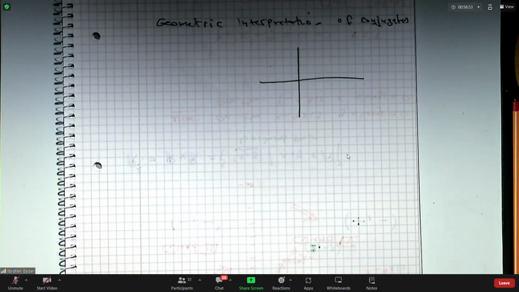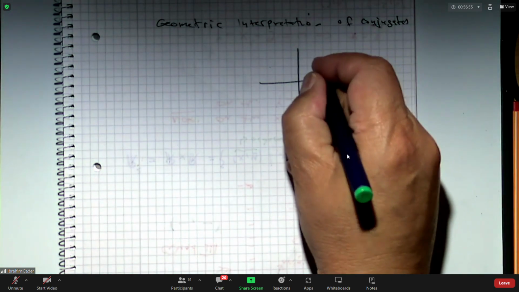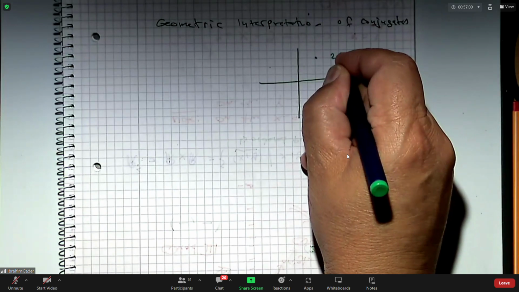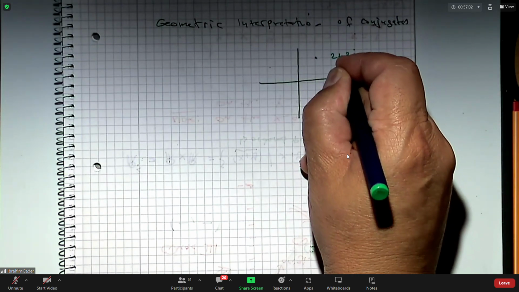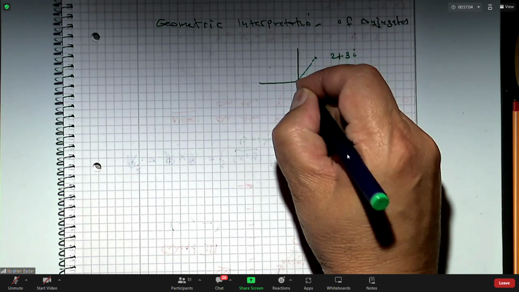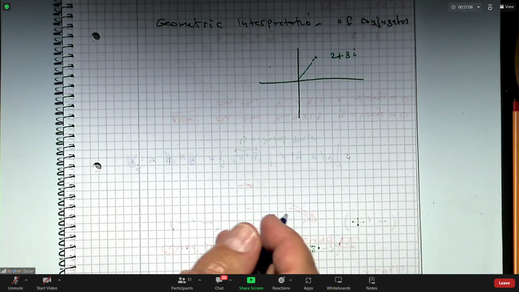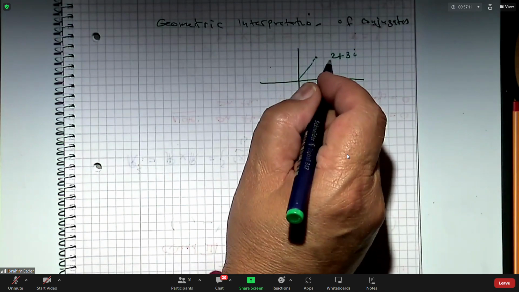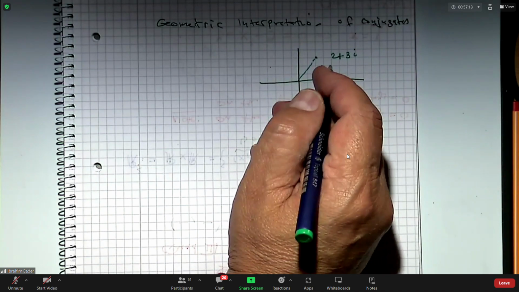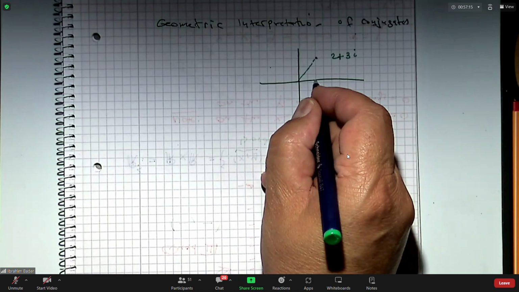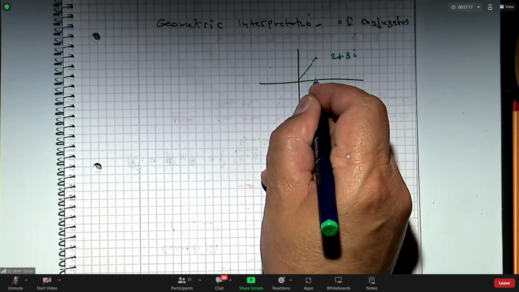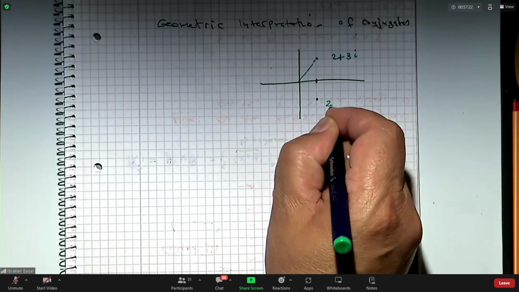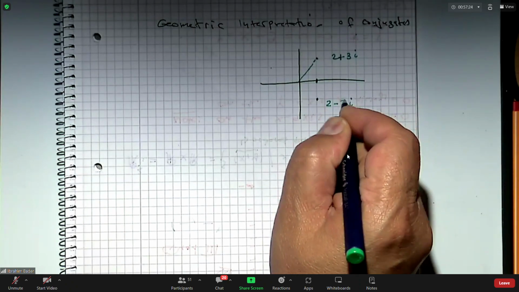Let's assume I have a number here, let's say 2 plus 3i. What is the conjugate here? Notice that the real part will remain the same, so the x value, but the y value will be negated.